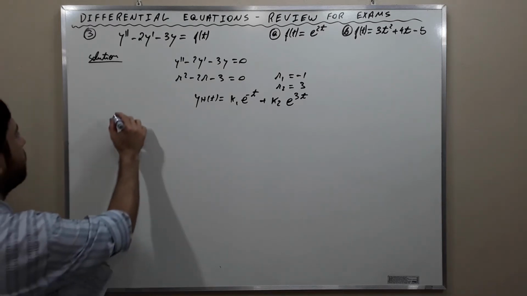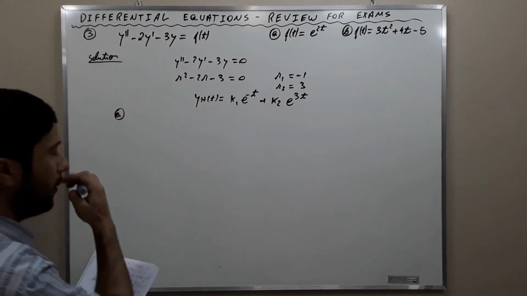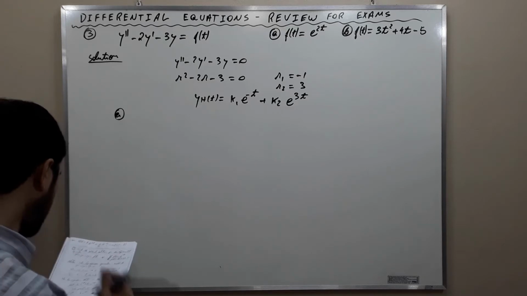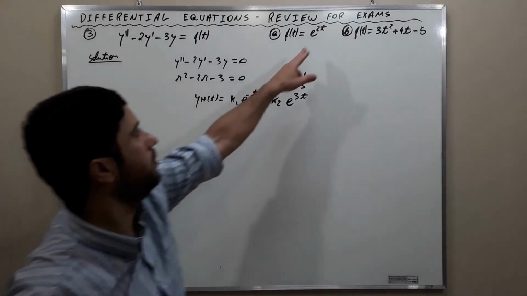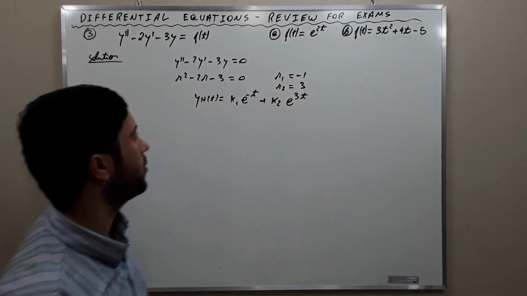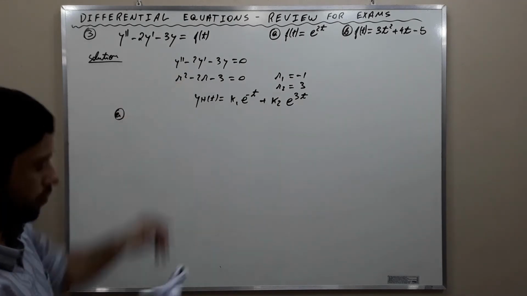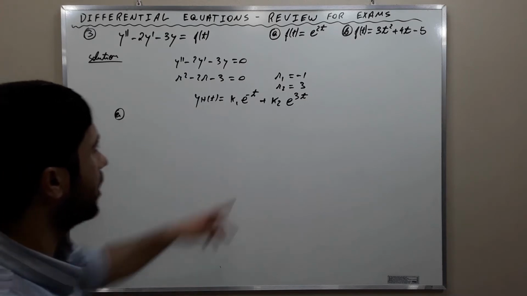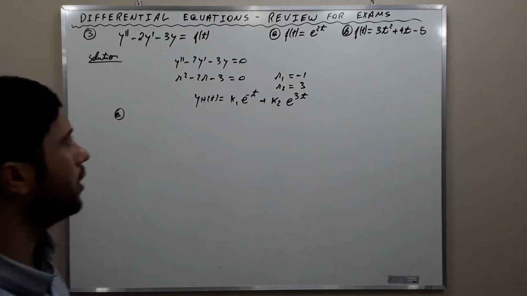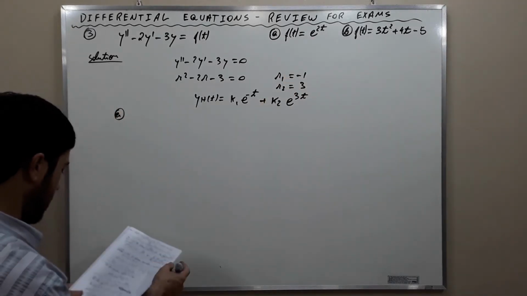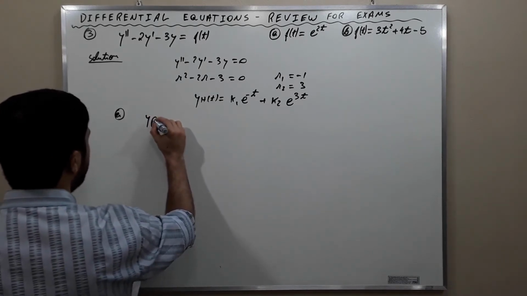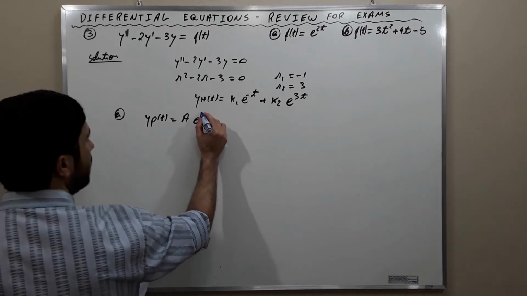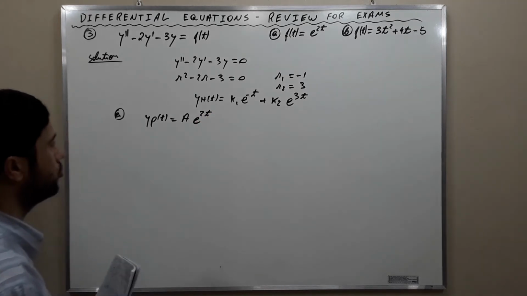For letter A, we have to use a term that represents this, okay, that represents this and the configuration here. Alright, since we have an e term here, we are going to use that the particular solution is equal to a constant times e raised to the power of 2t.